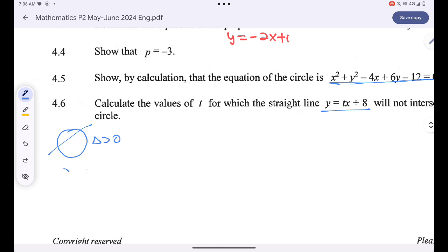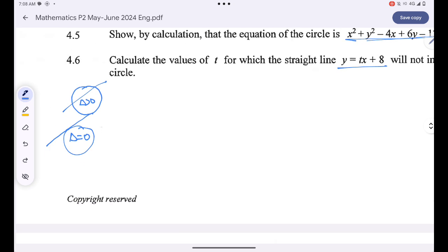If the two touch one another, a line is a tangent to the circle, it simply means delta for the intersection is equal to 0. Are you together? And then if the two are just far apart from one another, it simply means there's no intersection. And if there's no intersection, that means delta for the intersection has to be negative.